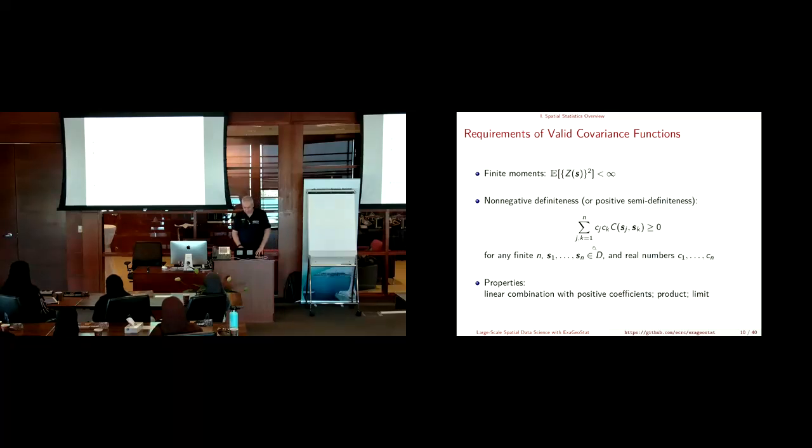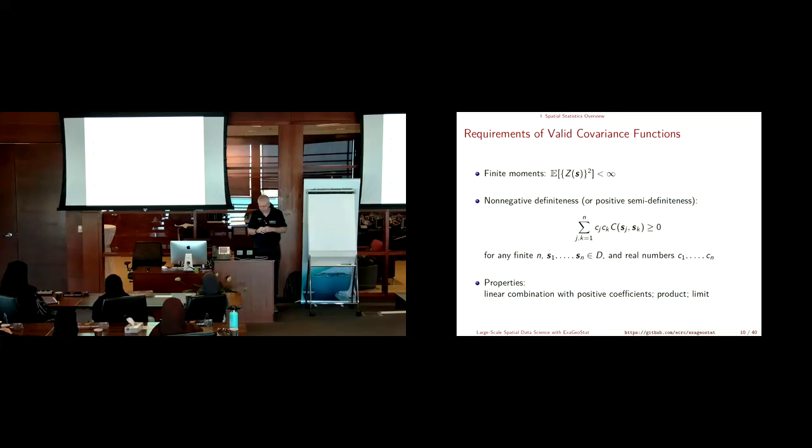This means that for any integer n, any location S1 to Sn in the domain D of interest, any real number C1 to Cn, this double sum over j and k of the covariance at location Sj and Sk with these real numbers as factors Cj, Ck has to be non-negative. So this means that we cannot take any function to model the covariance. This function has to be non-negative definite. In fact, often it is a strictly positive definite function.